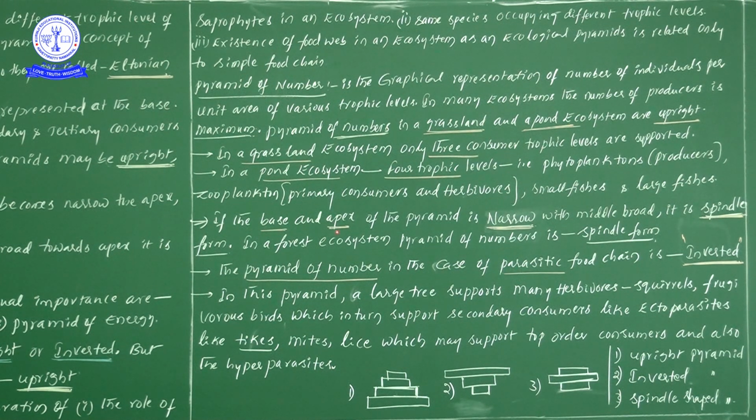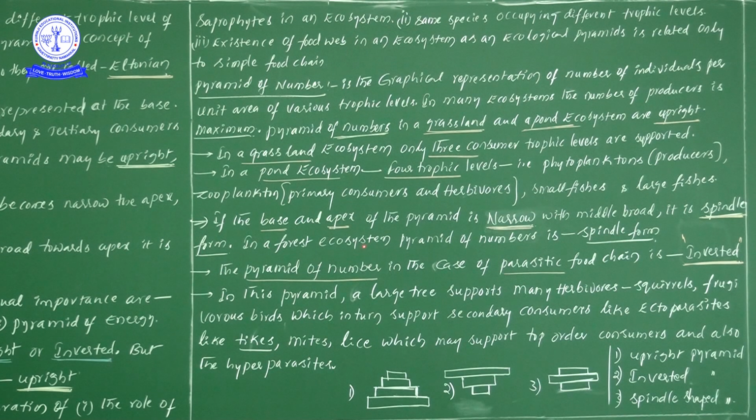If the base and apex of the pyramid are narrow with the middle broad, once you see that the middle is broad, that kind of pyramid we consider as spindle form.